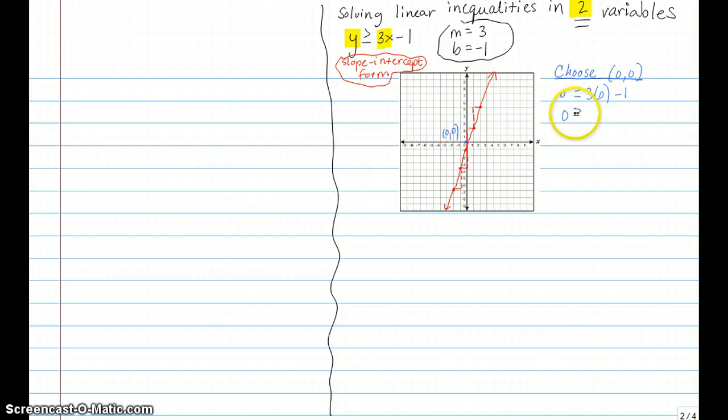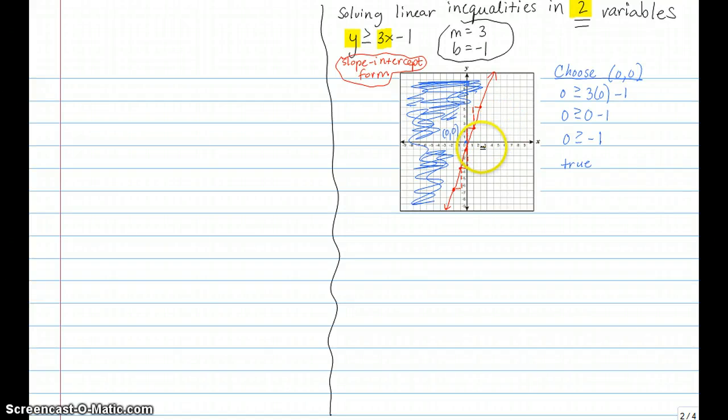So 0 is greater than or equal to 3 times 0 is 0 minus 1. 0 is greater than or equal to -1, so this is true, which means that you need to shade on the side that includes 0, 0.